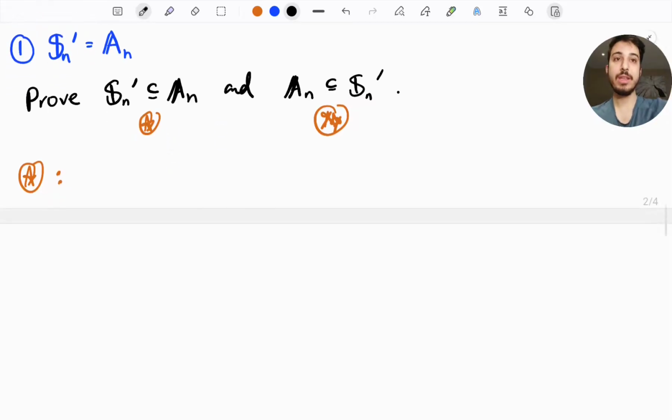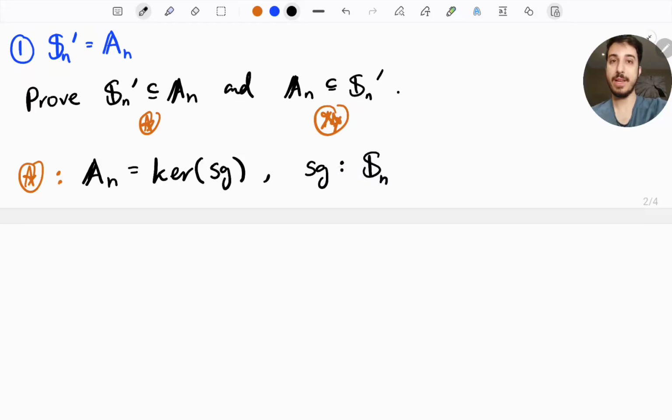And that is exactly the case because An is the kernel of the homomorphism which is sign. The sign homomorphism, if you remember, was a homomorphism that took a permutation from Sn and gave you a number that is either 1 or -1.